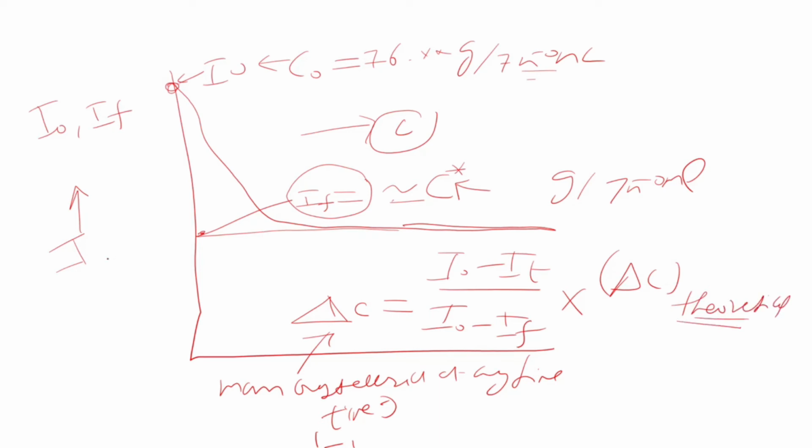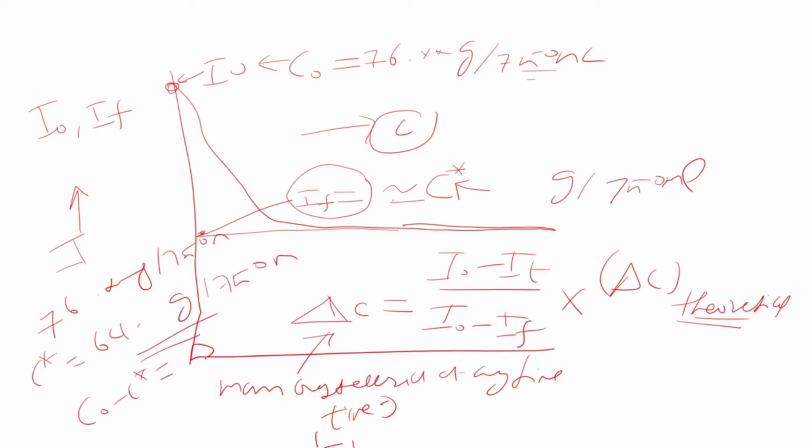So we know how many grams we added, 76 point something grams per 750 ml. We know the solubility value, I think 64 point something grams per 750 ml. So C0 minus C star should give delta C theoretical.